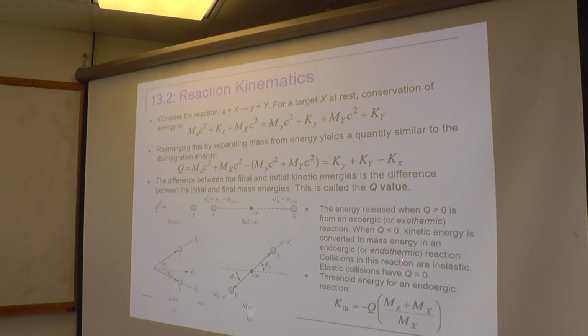And so the idea then is that if Q is greater than 0, that means that this guy releases energy. So we have an exothermic reaction, or they call it exoergic or exothermic, either way, reaction.